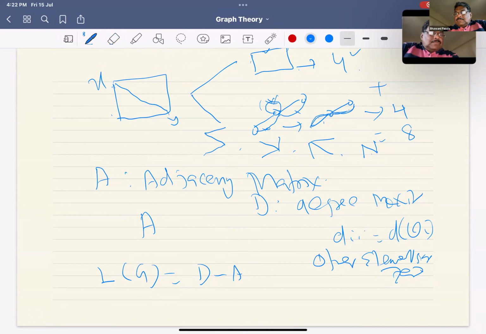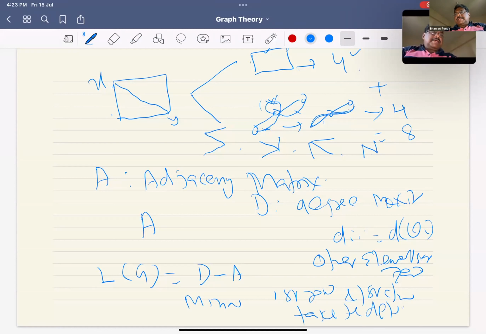For example, remove the first row and first column and take the determinant. That is basically the number of spanning trees, right?